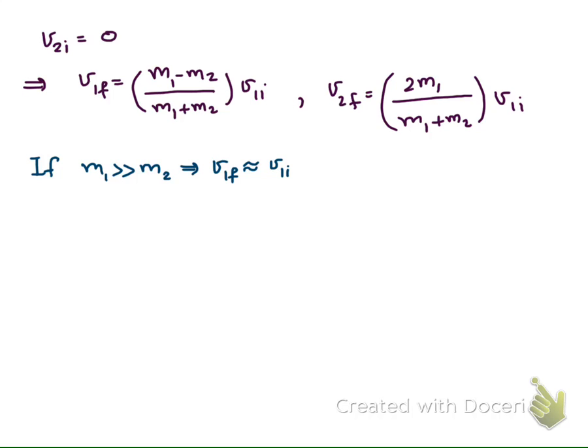It means that M1 almost does not change its velocity.